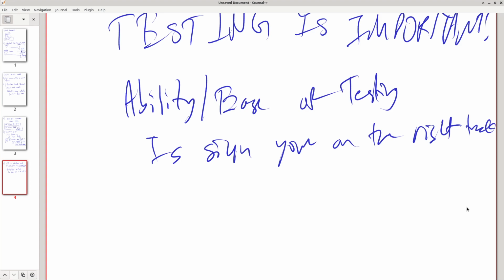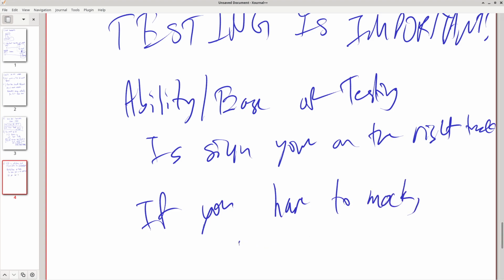If it's hard to do that, and you have to mock, you're probably screwed. You might be screwed. Generally, having to mock is a sign that you've insufficiently gapped your layers of abstraction.